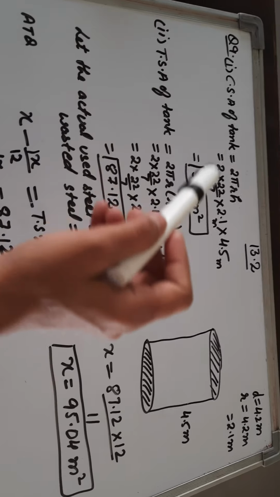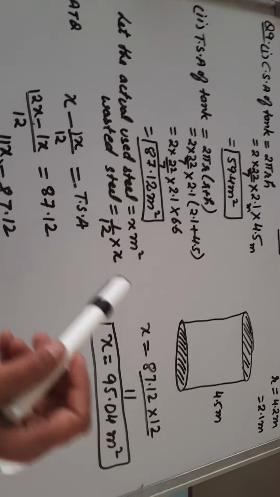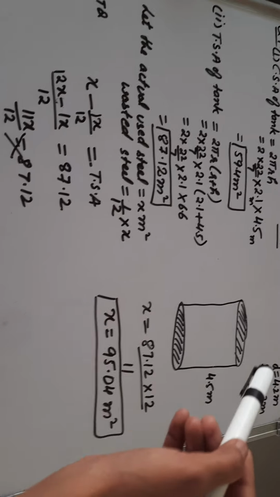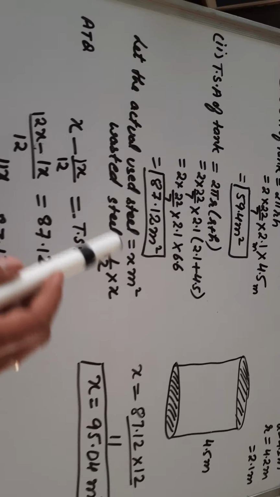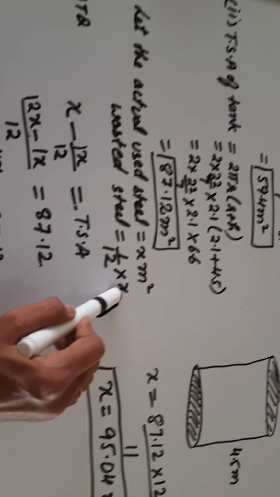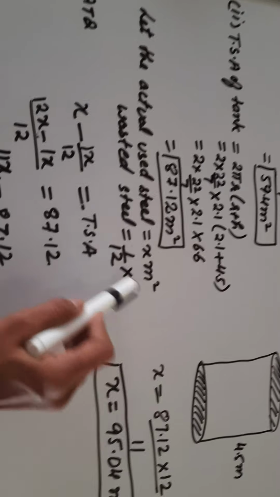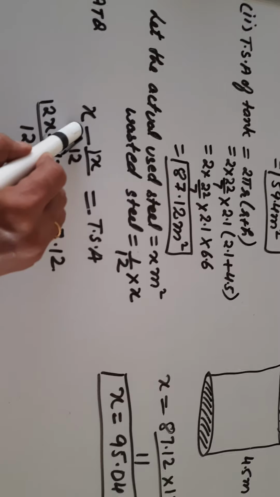First part, solve the curved surface area. For the second part, because the total actual sheet must be equal to the total surface area of the tank. So, as 1/12 of the actual used is wasted, we have to subtract the wastage part from the actual part.